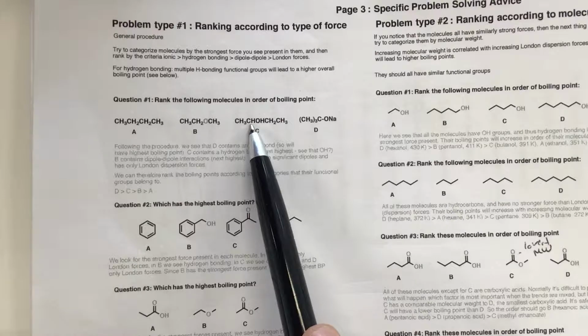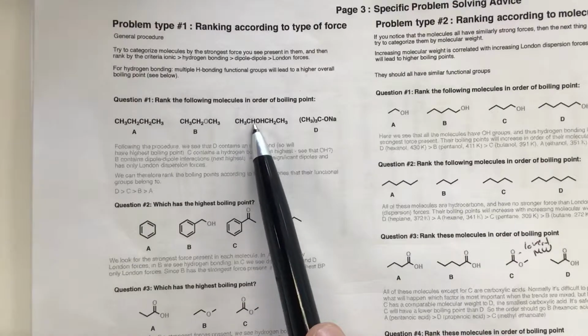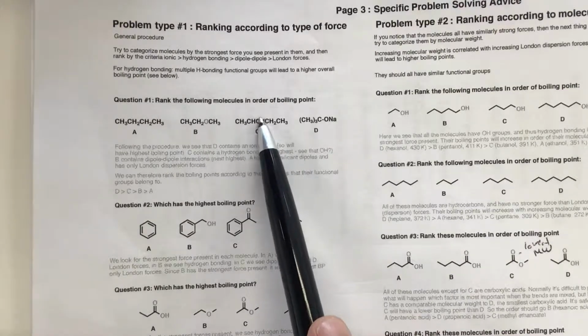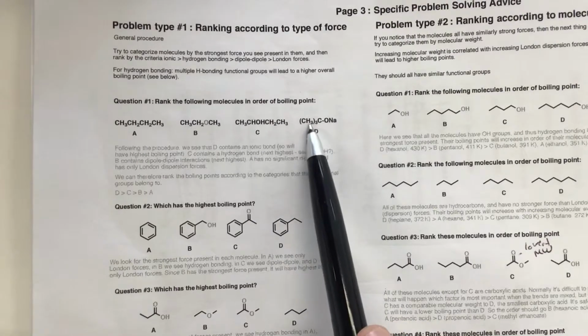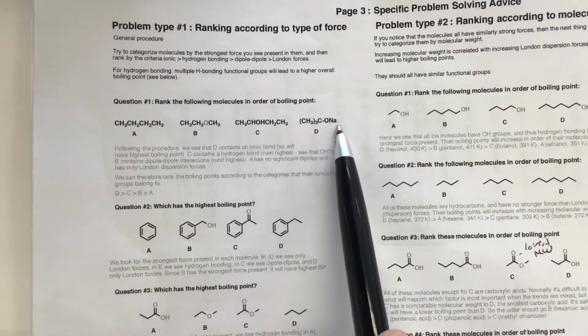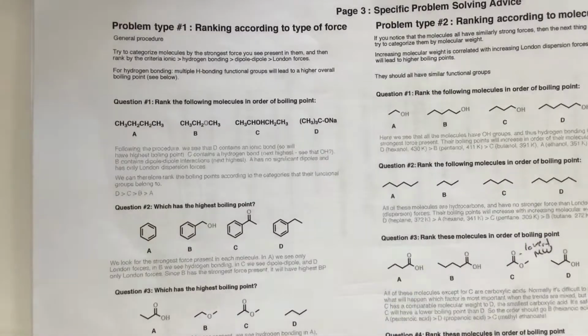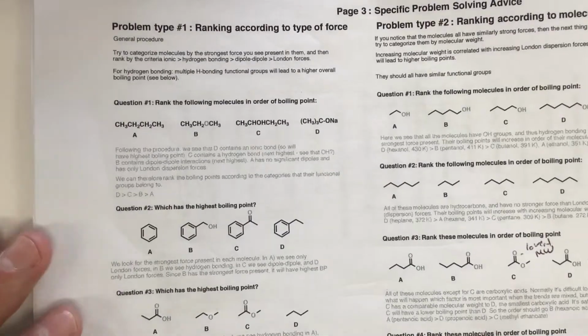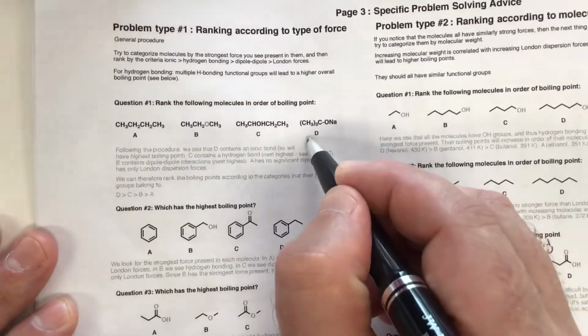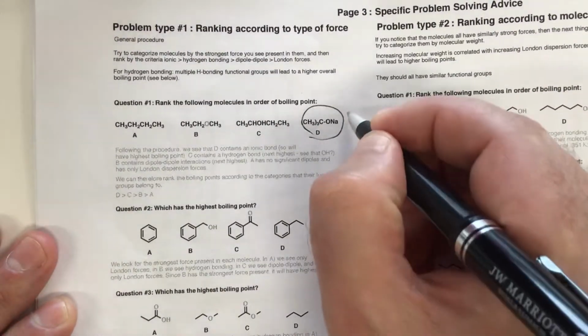This one is very long. It's got an oxygen in it as well, okay? This is a shorter molecule, but look, it's got a sodium in it. So that sodium is going to be capable of an ionic bond. So this one, all things considered, D is your best choice for the highest boiling point.